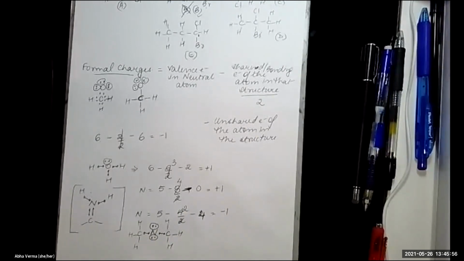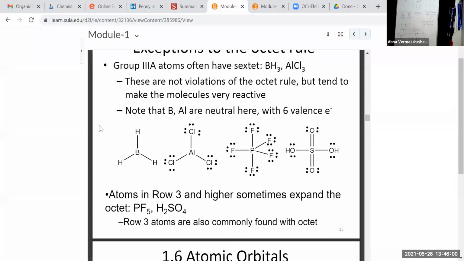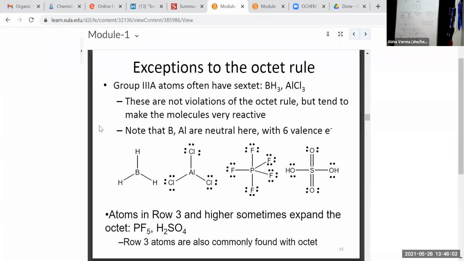Okay. So please make sure that you all know how to calculate HDI, how to calculate formal charges. Now, besides these formal charges and complete octets, there are a few exceptions to the octet that all of us need to know. Borane and aluminum, these are atoms with 6 valence electrons.